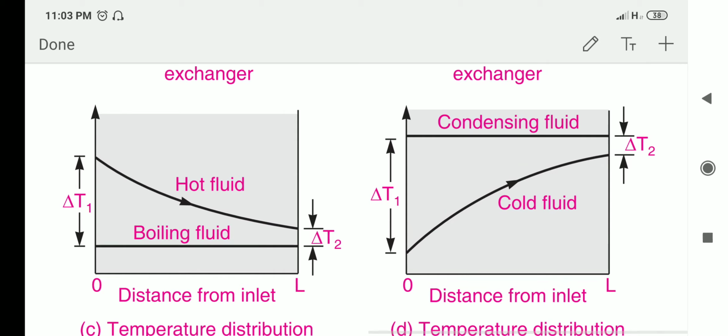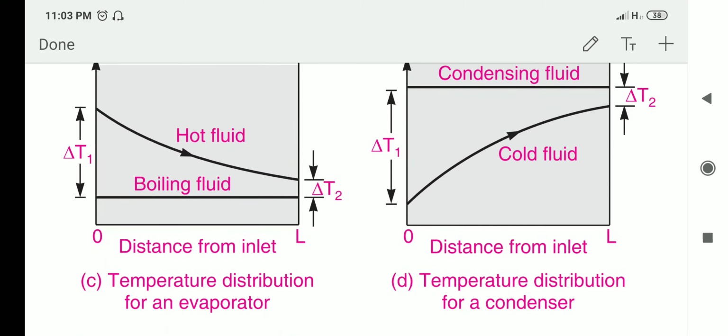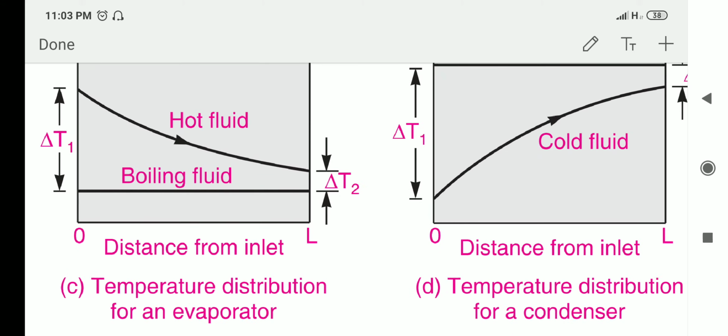Okay. Now we have another special type of temperature distribution, which is for an evaporator. Evaporator is any equipment in which one fluid is evaporating. So here the fluid which is evaporating accepts heat but doesn't increase its temperature.